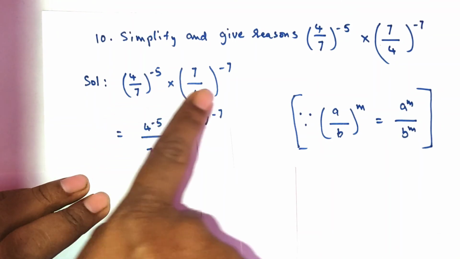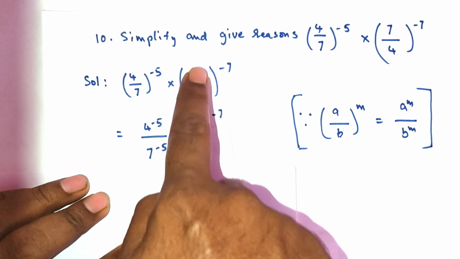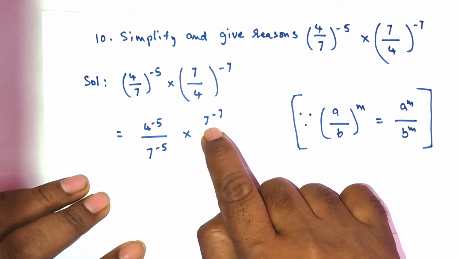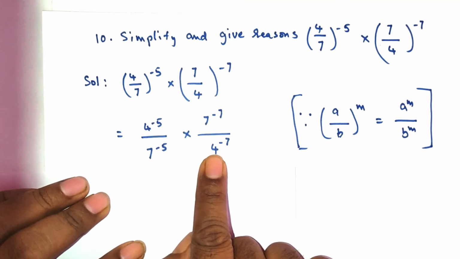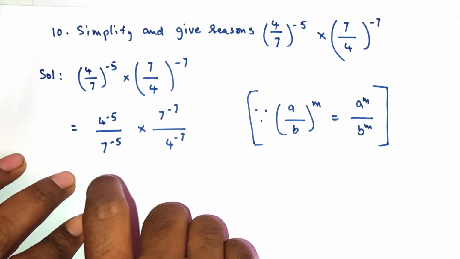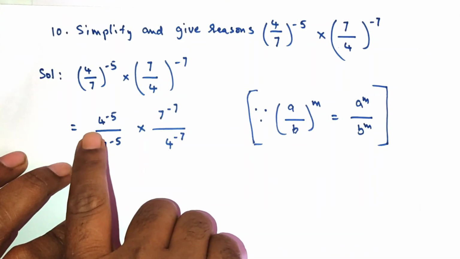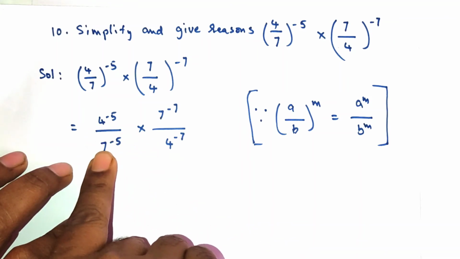In the same way, we have given exponent to these two things separately. So we got here 7 to the power of minus 7, and here 4 to the power of minus 7. Observe carefully. Here we can find same bases here and here, here and here.